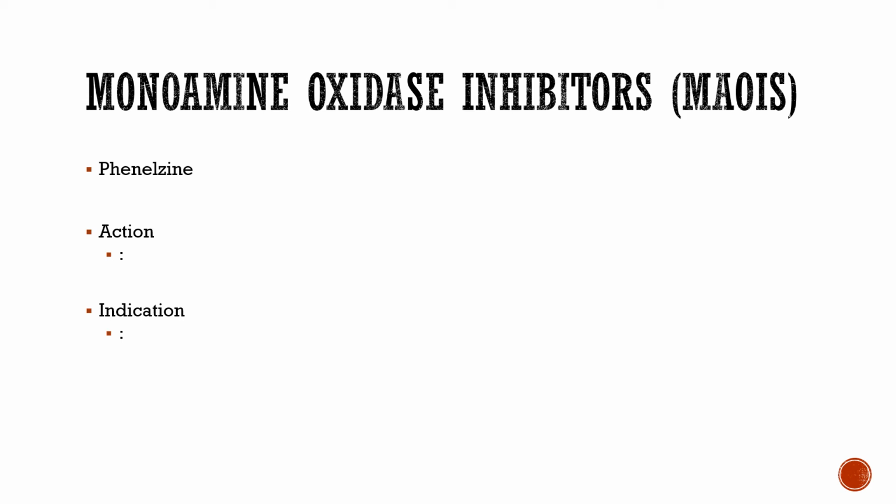So we want to increase the amount of these neurotransmitters in that nerve gap. One way to do that is to just stop MAO from breaking it down, which is good, and it does help, but there are some problems with that. So indication, depression. We also may use these for bulimia.